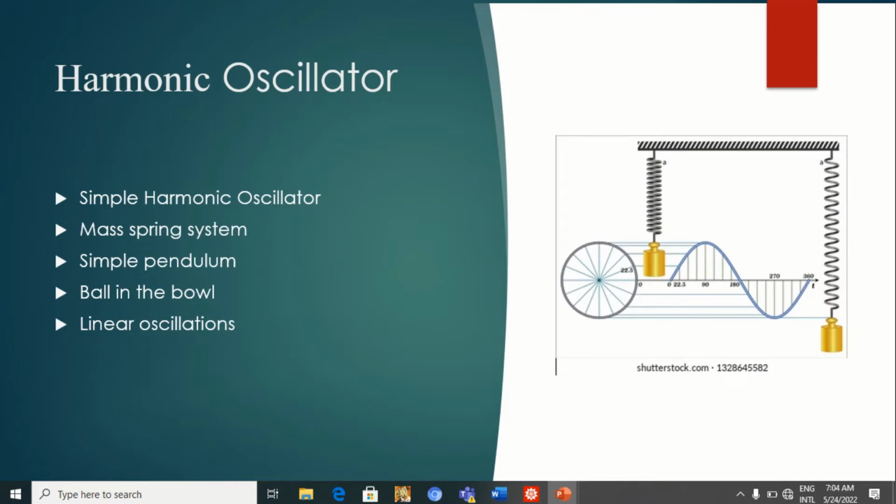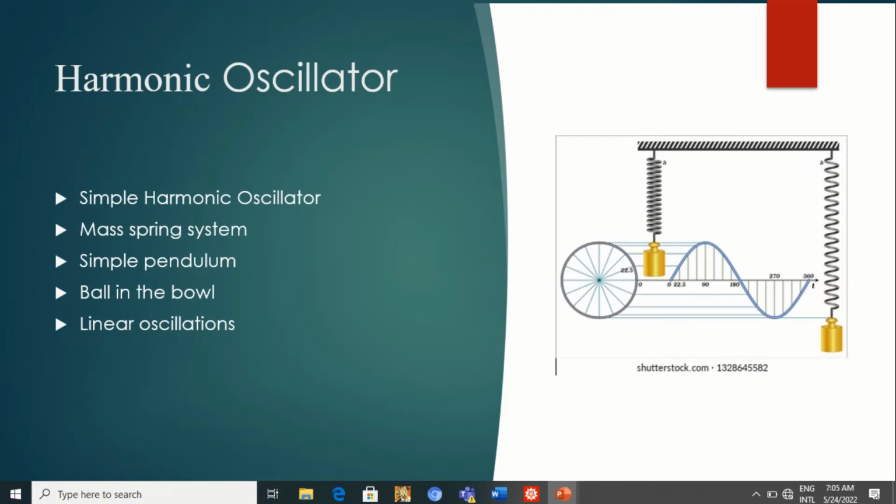There are several examples of this regular classical harmonic oscillator that we also call the simple harmonic oscillator that includes a mass spring system, a simple pendulum, a ball and a bowl. And it is worth noting that all of those oscillations are linear oscillations because the differential equation that we form in order to describe its motion is d2x over dt square is equal to minus omega square x.